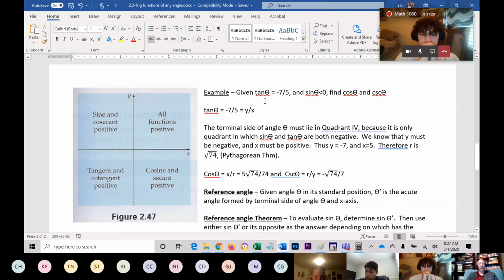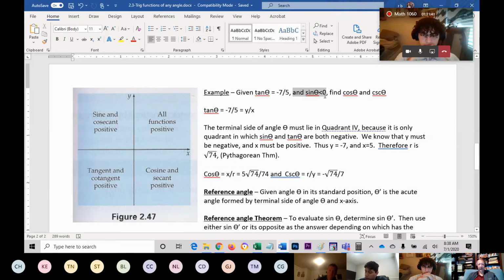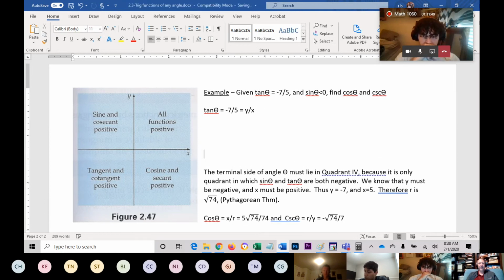Okay, so an example is, given the tangent is negative 7/5, and the sine is less than 0, find the cosine and the cosecant. So let's talk about that.